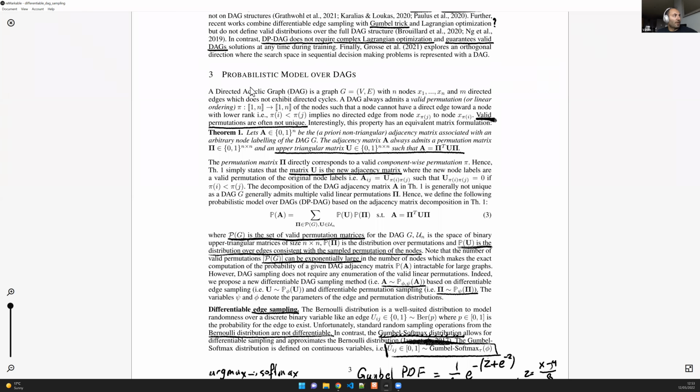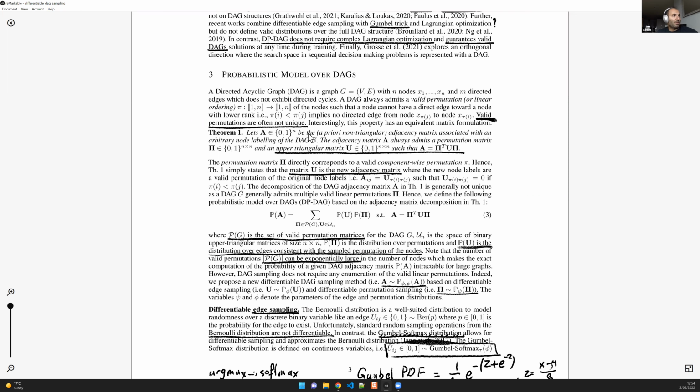So first here we define what is a DAG. We have a graph, vertices, edges. Edges are ordered pairs of nodes because it's directed. There are no cycles, which means we can define a linear or partial order. We spoke about this earlier.